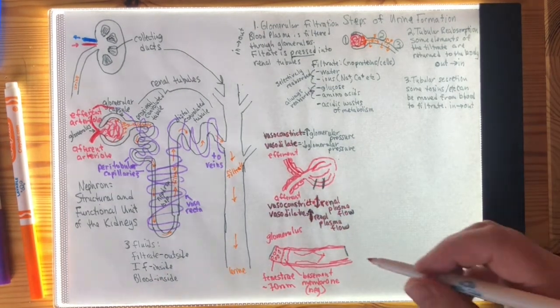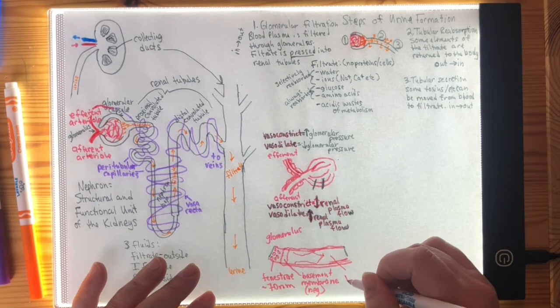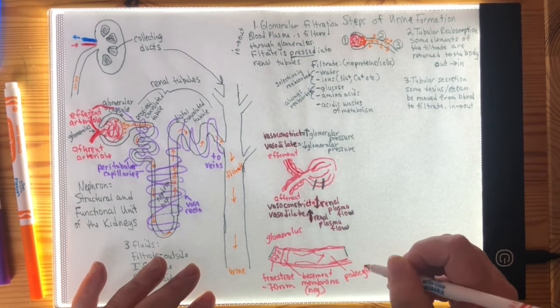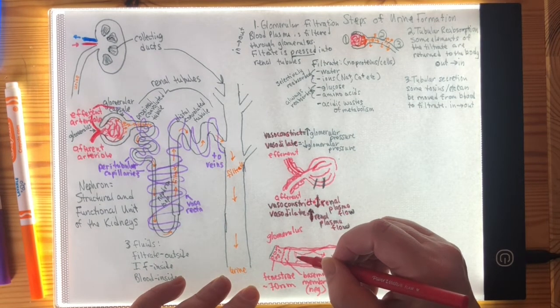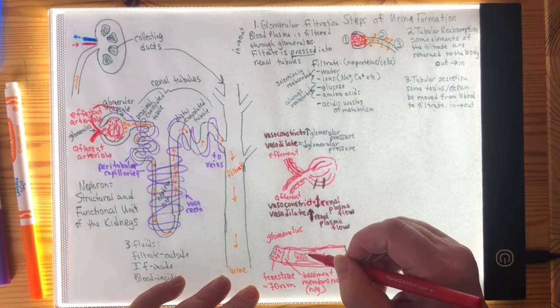So there's another stopgap. And then lastly, we have these podocytes, these beautiful podocytes that I'm afraid I'm not drawing very well here, but a podocyte is, as the name suggests, a cell, C-Y-T-E, with foot processes. That's the podo part. So podocyte, foot cell.